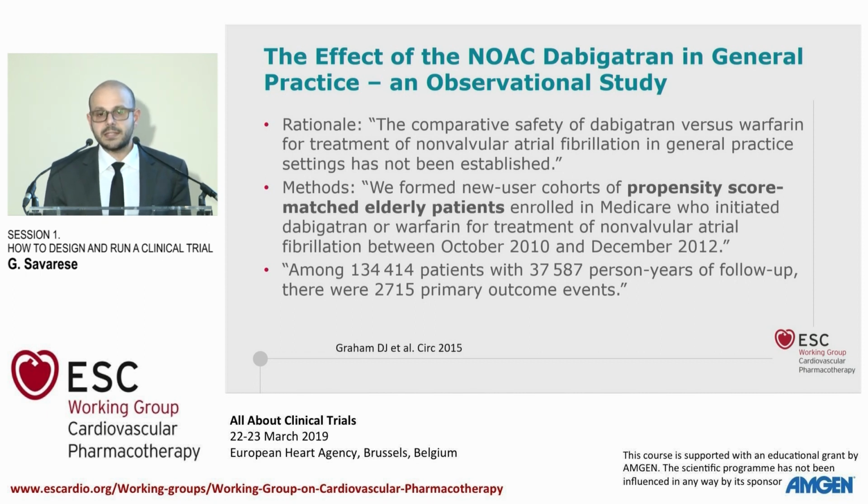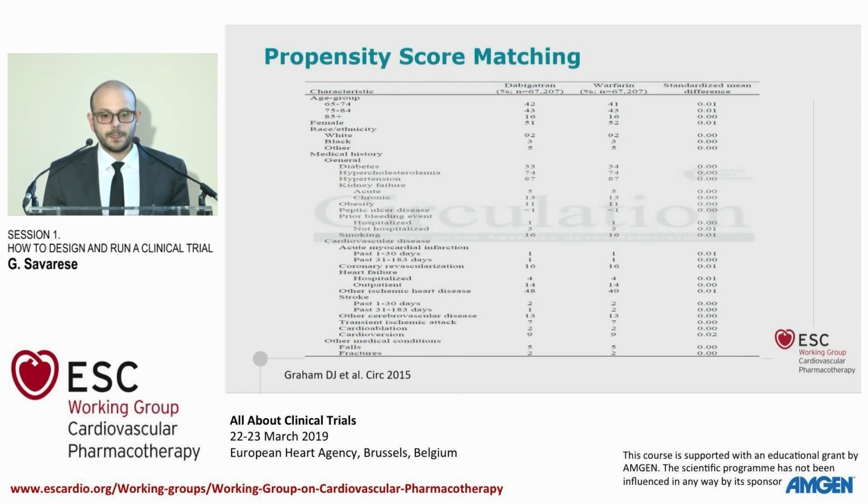So here we can see the first difference with a trial. Here we have a much larger population as compared with the trial. Of course, this is not a trial. So here the major problem will be to understand if the results can be explained by a confounder or there is a real effect. So this is the problem that arises when we want to perform a study like this.